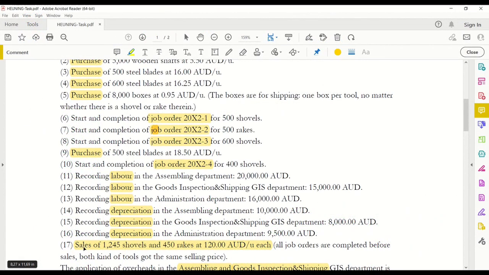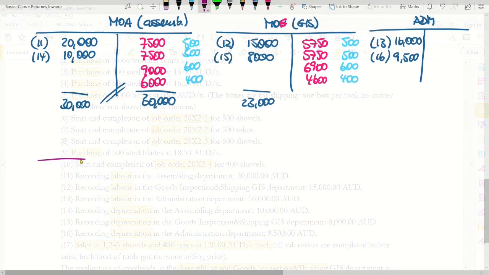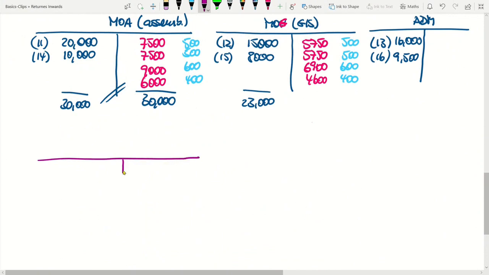Under bookkeeping entry 17, we record the sales of the Schofields and the rakes. I record a revenue account. The bookkeeping entry will be 17. And I calculate 1,245, which is multiplied by the net selling price at 120.